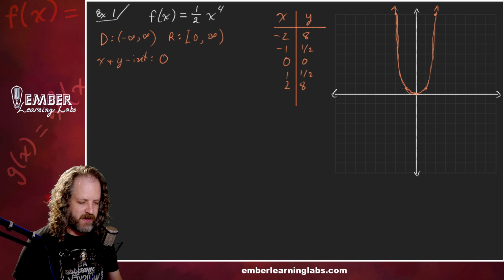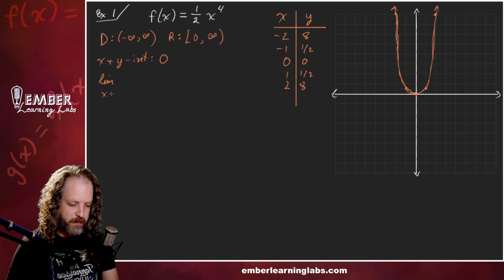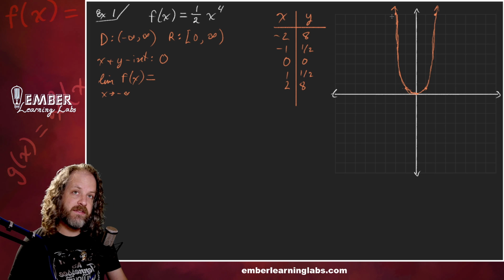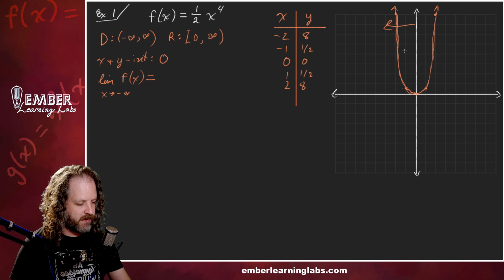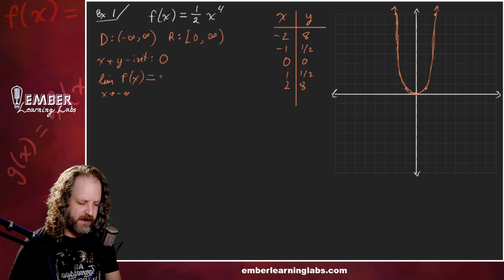End behavior. So the limit as x approaches negative infinity of f of x is positive infinity. So as we're going this way, the graph is approaching positive infinity. It matches our pattern as well, right?